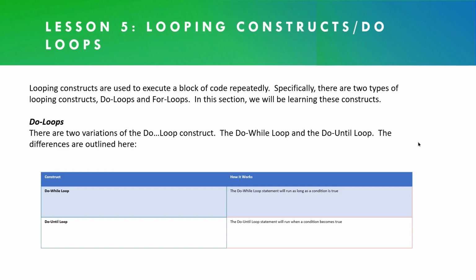There are 2 variations of the do loop construct, the do while loop and the do until loop. The do while loop, that statement will run as long as a condition is true. The do until loop will run when a condition becomes true.